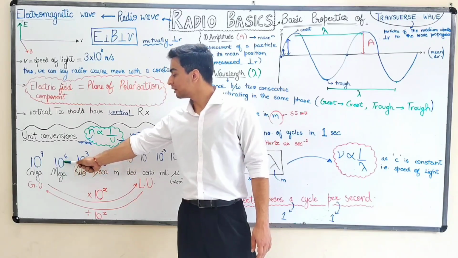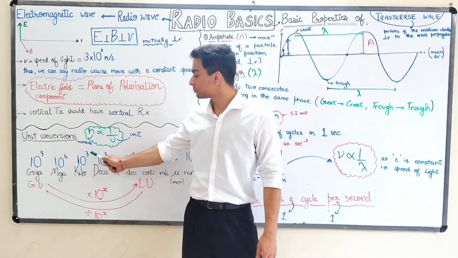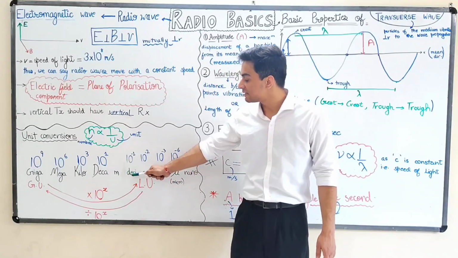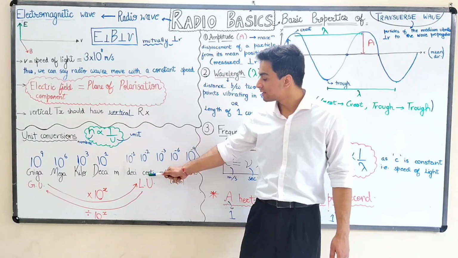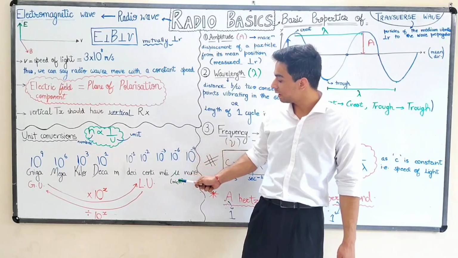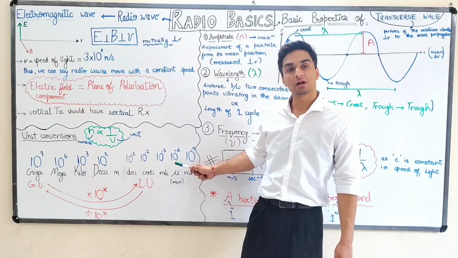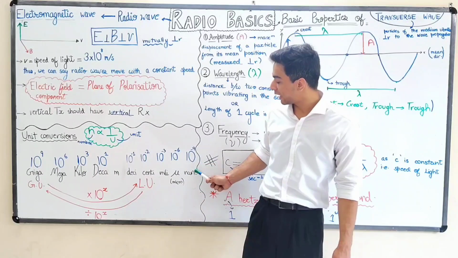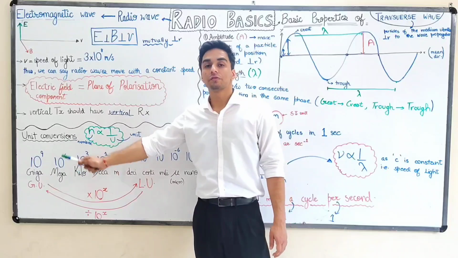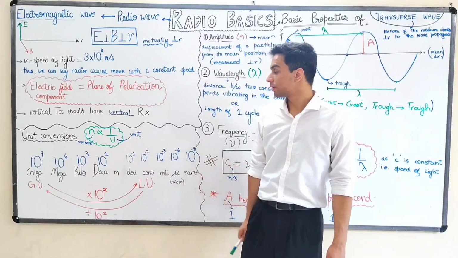Then comes mega, 10⁶, kilo, 10³, deca, 10¹, deci, 10⁻¹, centi, 10⁻², milli, 10⁻³, micro written with this symbol, 10⁻⁶, and nano, 10⁻⁹.